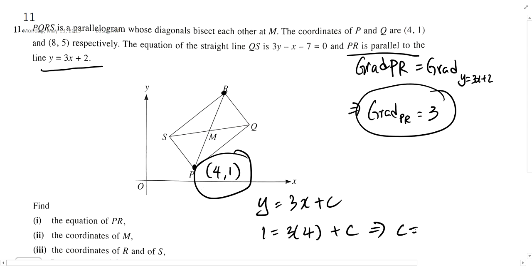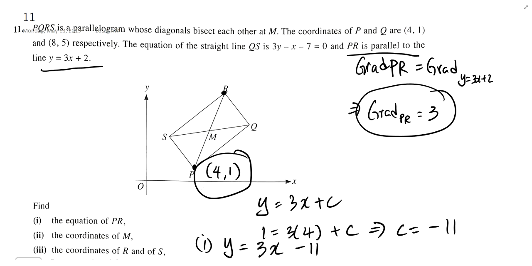So quite clearly c is going to give us negative 11, right? Therefore, for part 1, y equals 3x minus 11. Is that the correct answer? Yes.